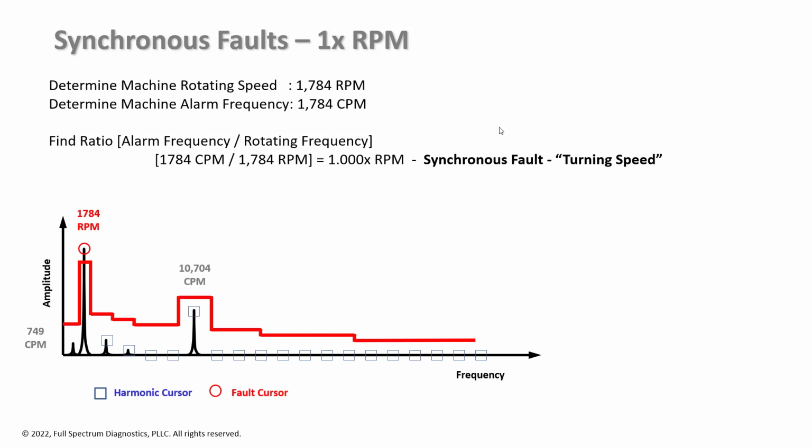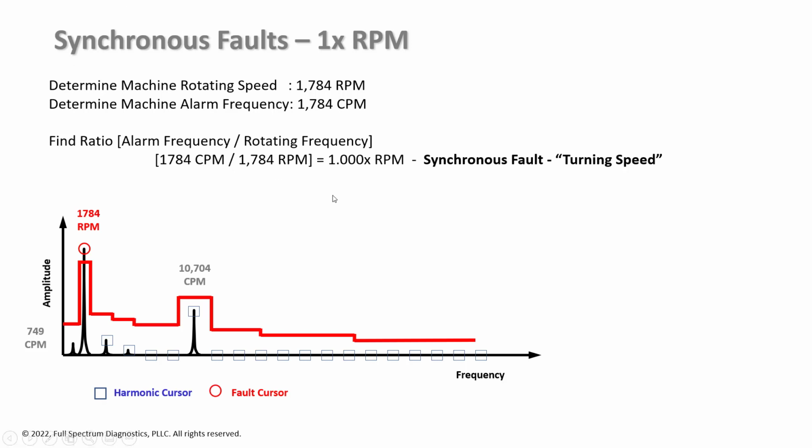A little clarification here. Synchronous faults, I say 1 times RPM. We determine the rotating speed at 1784 RPM. We put our cursor on whatever the peak is and determine the machine alarm frequency, which turns out in this case to also be 1784 CPM.